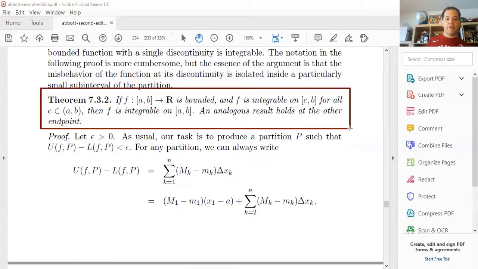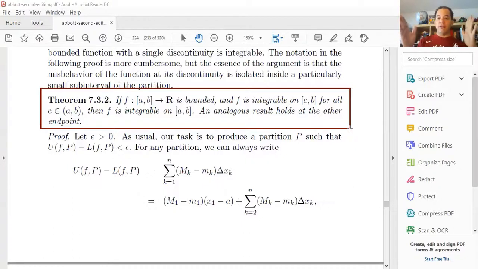It says, if we have a function that is bounded on AB and it is integrable from C to B for any C except A, so any C in between, then it's also going to be integrable in the entire big interval. In other words, if you have something that is continuous except at the endpoint, then it will be integrable, right?